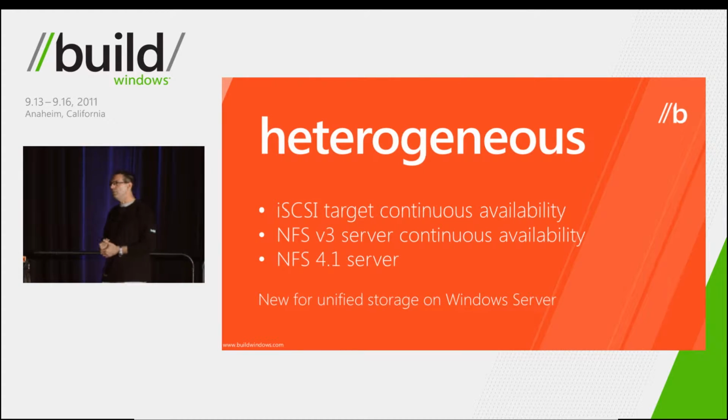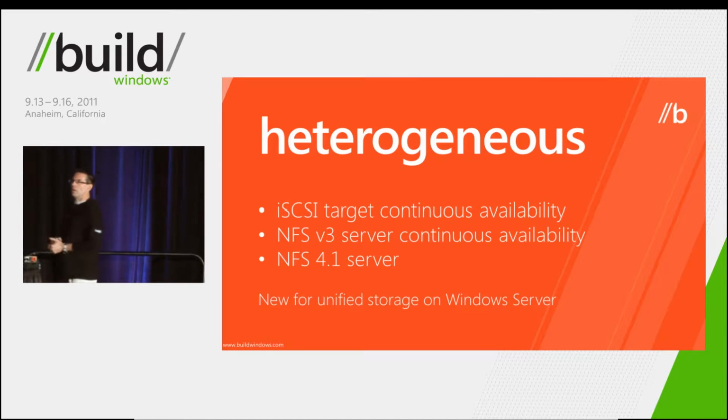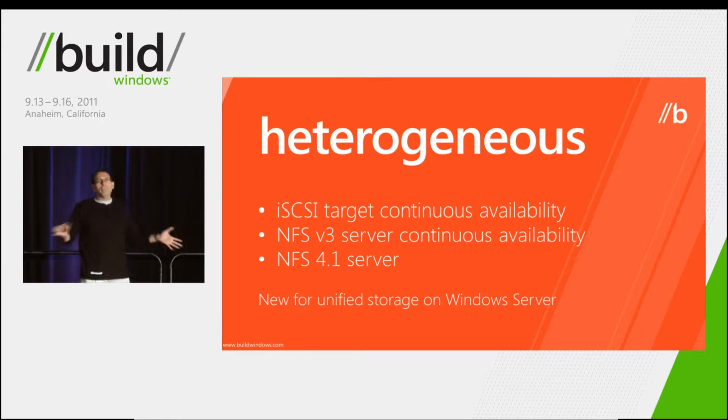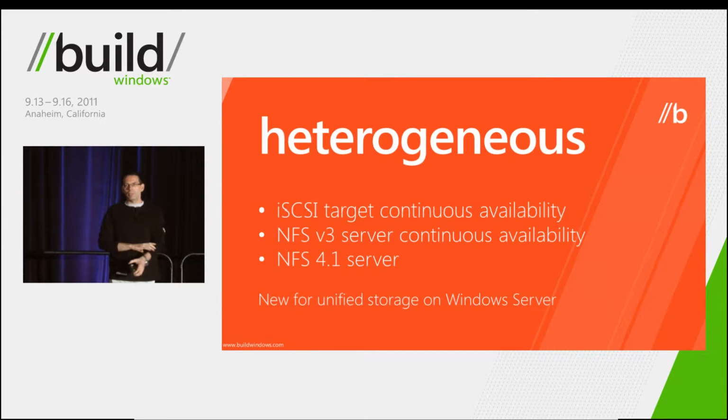So, in the heterogeneous world, we haven't really talked about these in other sessions, so I wanted to call it out specifically. We believe in heterogeneous environments. We're in the file server business, the file server team that I work in. We understand that customers don't have just Windows. They have lots of things in their data centers. So we took the concept of continuous availability and applied that across the different ways that customers access their data.